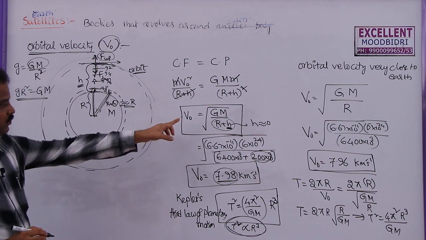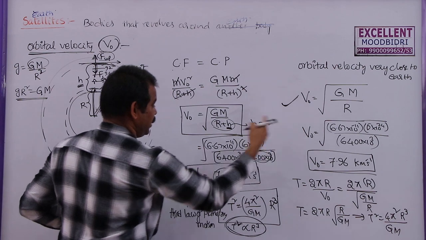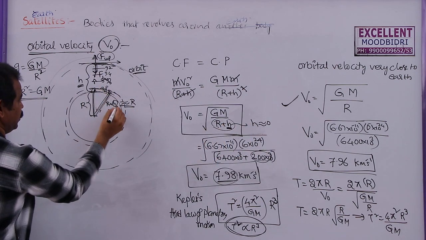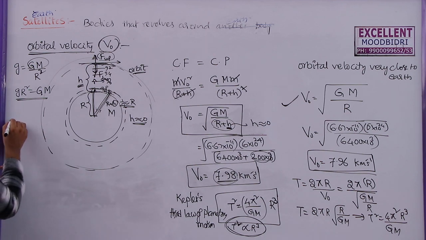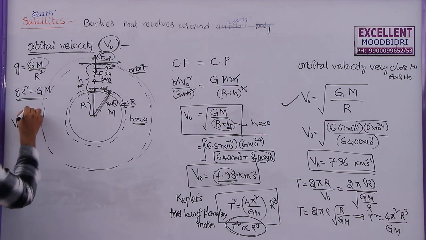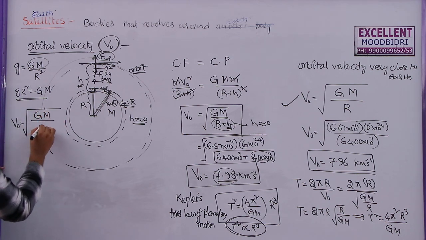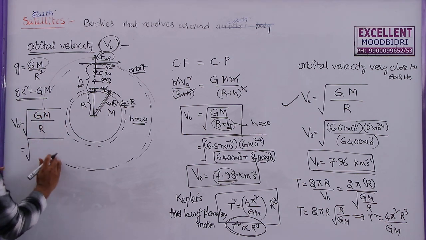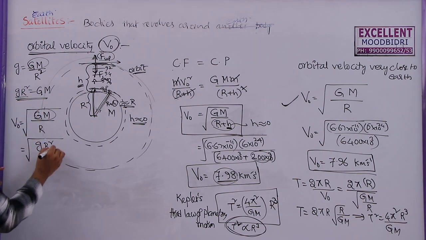Now based on this we can write this formula as r, because h is very small, very close to the Earth. h is negligible. Then this can be written as v naught is equal to root over GM by r, which can be written as root over, in place of GM I am going to write g r square into r.